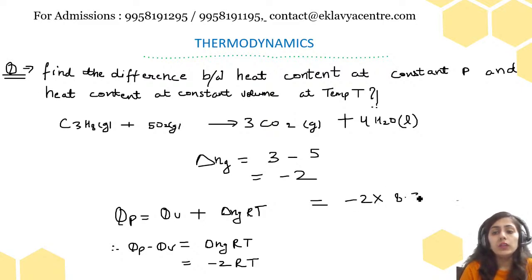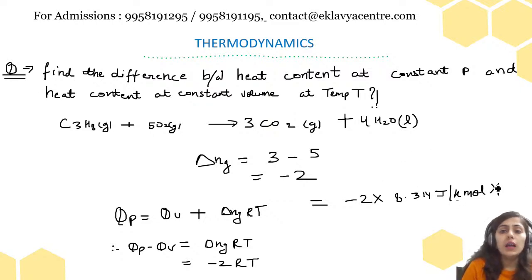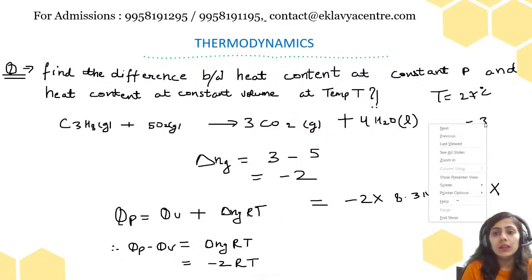R is 8.314 joule per Kelvin per mole into temperature T. Suppose temperature they have not given, it's T, or you can say suppose it's 27 degrees Celsius. 27 degrees Celsius means it's 300 Kelvin, right?